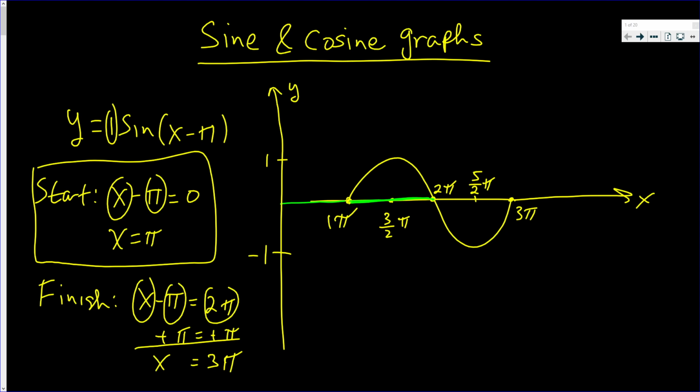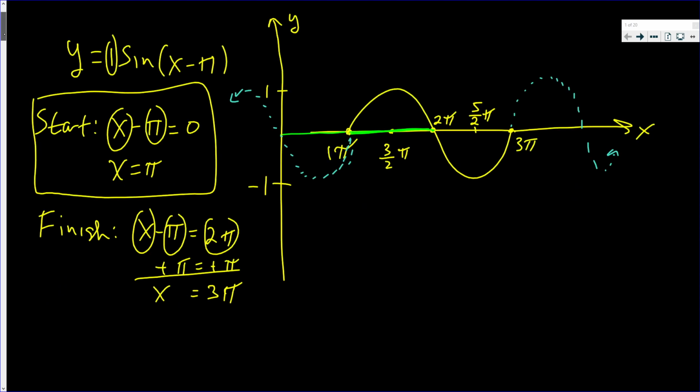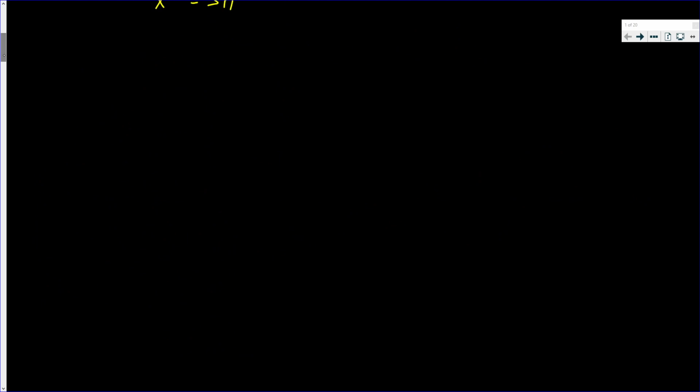Please understand that the graph goes on in both directions forever and ever and ever. But there's one period of it in the yellow, and I drew it before I did anything. The first step was really drawing it.